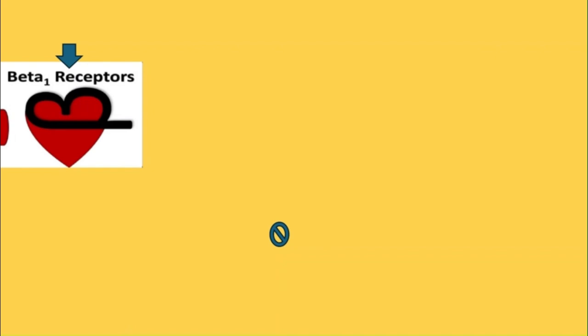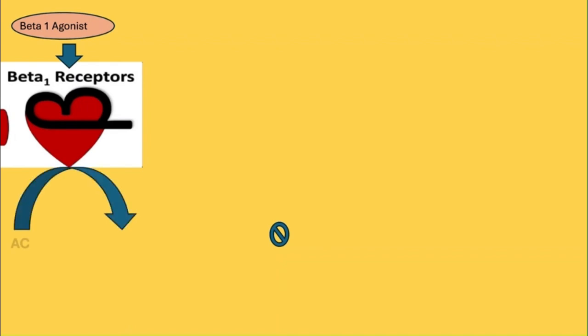As we all know, the heart has beta receptors, which are very important for the contractility of the muscle. We are going to discuss the pharmacology of these receptors. These receptors bind with beta-1 agonists, and when this occurs, they produce adenyl cyclase.